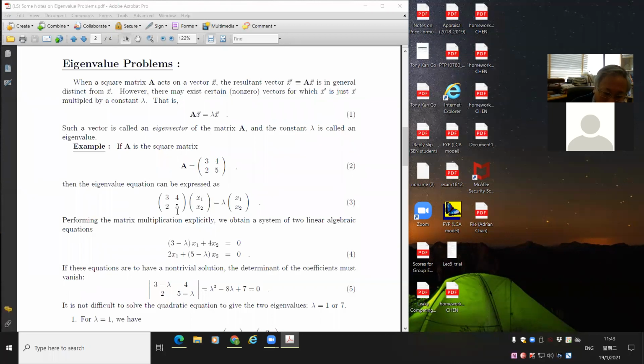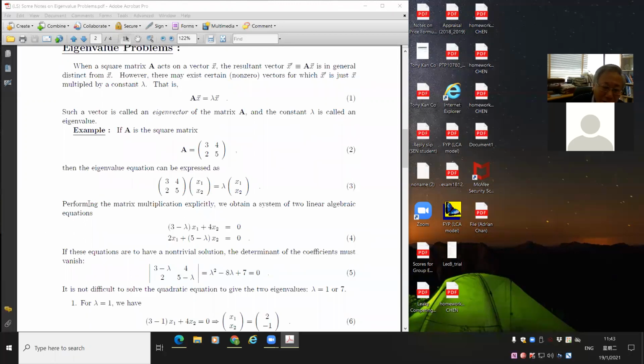So the matrix A acts on a certain column vector, and will give you back the column vector multiplied by a prefactor lambda. Then we perform the matrix multiplication explicitly, and we obtain a system of two linear algebraic equations. Actually, these two equations are homogeneous linear algebraic equations.